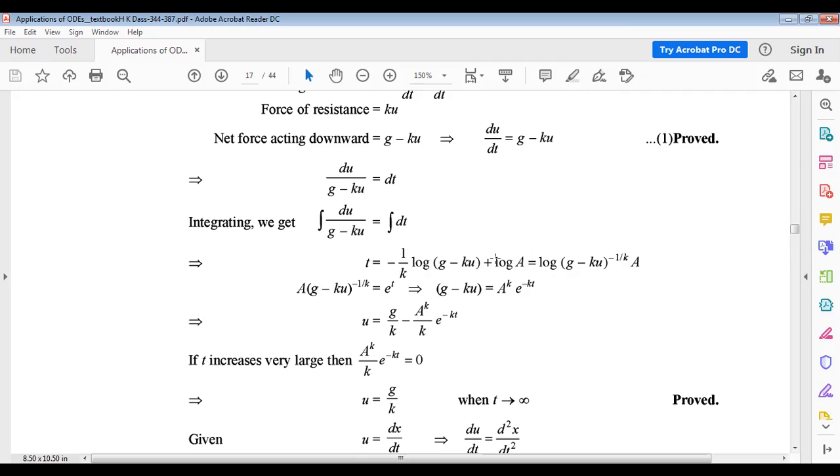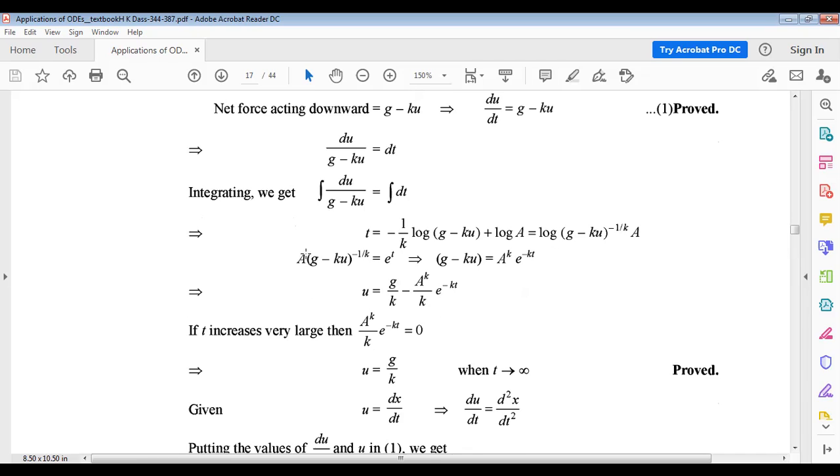Now taking log, this one into a, minus 1 by k will be power after log something. This can be taken as power. This is why minus 1 by k power. Now taking exponential form on both sides, z minus ku to the power minus 1 by k equals to e to the power t.